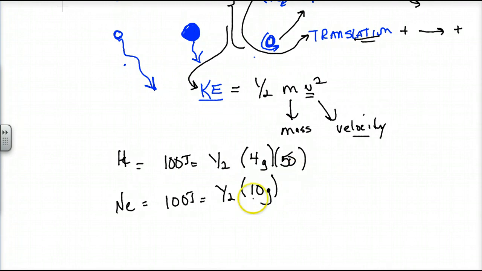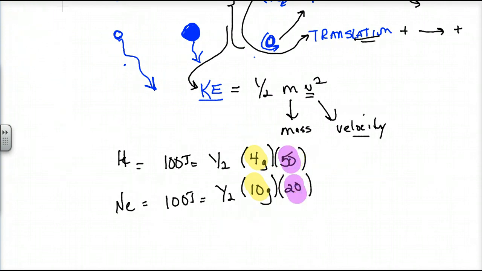So the velocity for helium would have to be 50. And for neon, 1/2 of 10 is 5. 5 times what is 100? 20. So we can clearly see, hopefully, that the masses being different makes our velocities different.